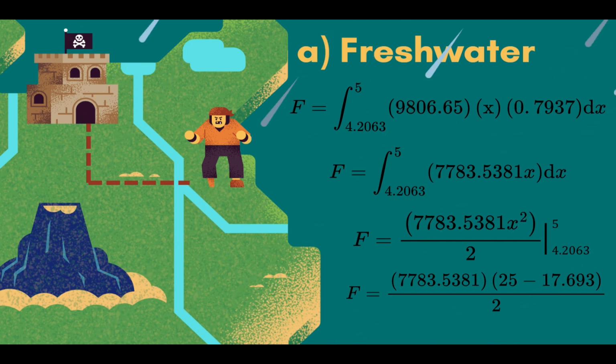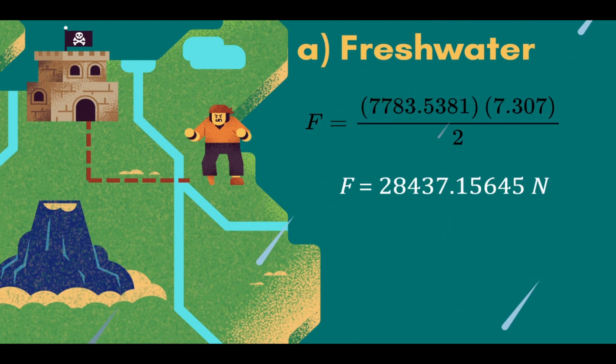We plug 5 into x squared, minus 4.2063 into x squared also. So we get 7,783.5381 times 25 minus 17.693, divided by 2.